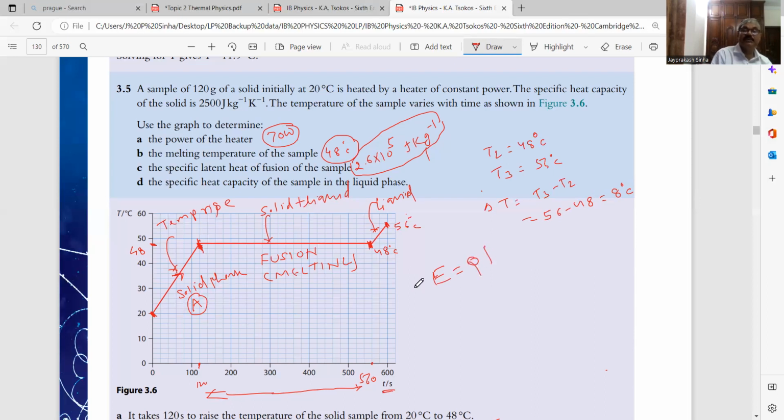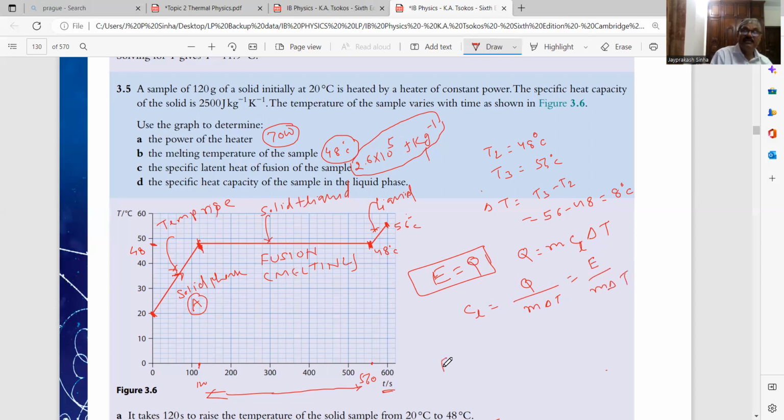E is equal to Q. And because this is the case of temperature rise, Q is equal to MC delta T. And C for what? C for liquid. It means the specific heat capacity of the liquid phase is equal to Q upon M delta T. Or you can write Q is equal to E, so E upon M delta T.